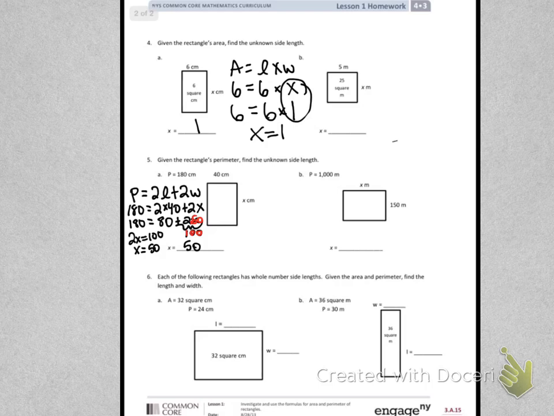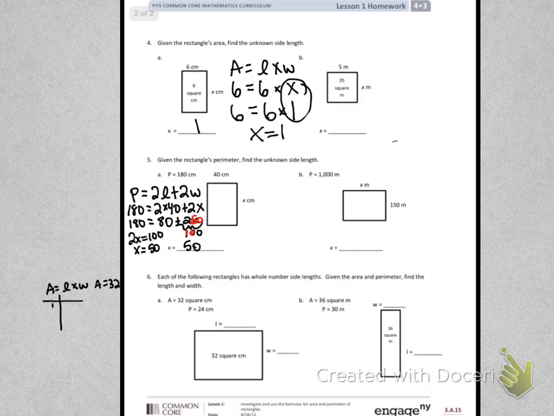I'm going to do it off to the side here. Area equals length times width. And I also know that the area equals 32. So I'm going to make a little chart of values and see what equals 32.